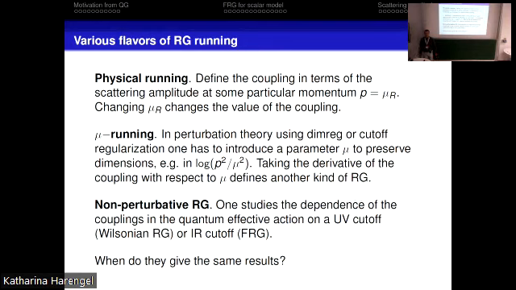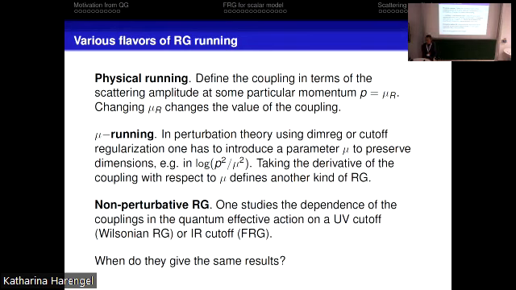You call this a renormalization scale, mu r, let's call it. And then what they call running, and I will call it in this talk physical running, is the dependence of the coupling on this renormalization scale. So that's one concept, and this is a very physical definition.